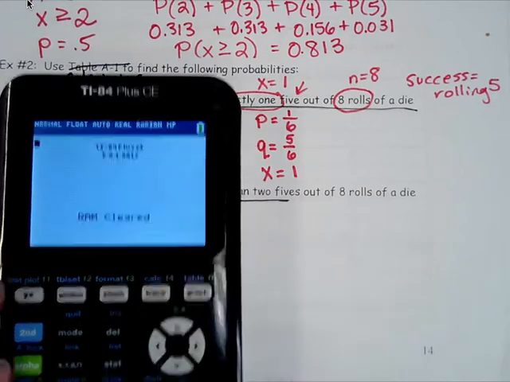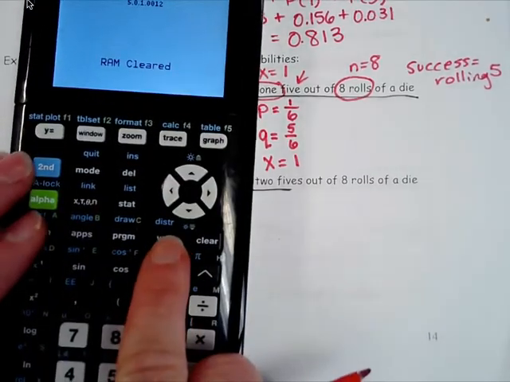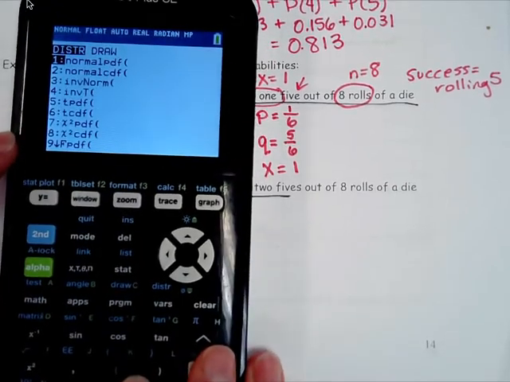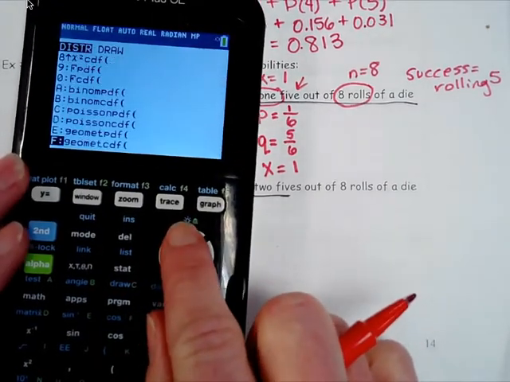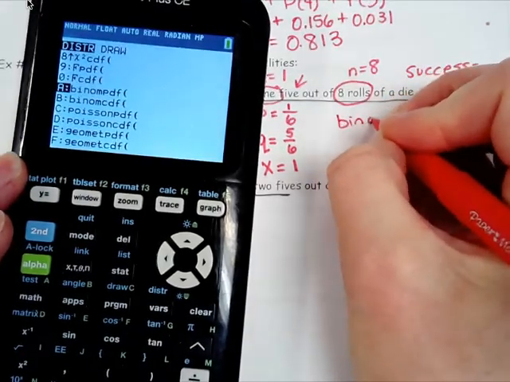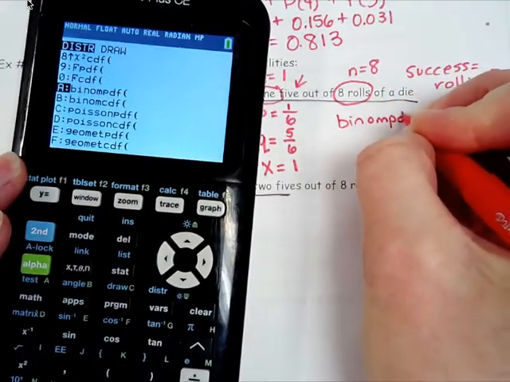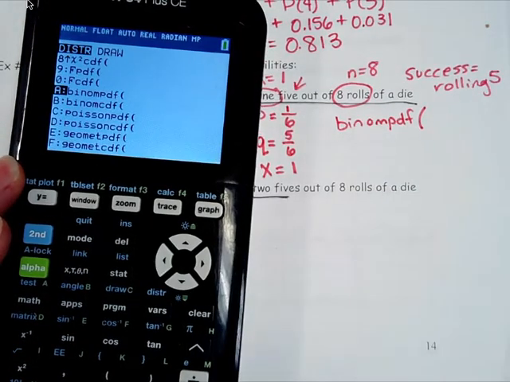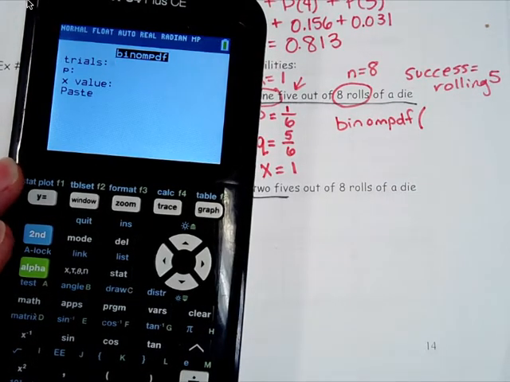So what we do is we do the second VARs, which is distribution. Second VARs. And we want the binomial PDF. Push enter. Then it's going to ask you some questions.